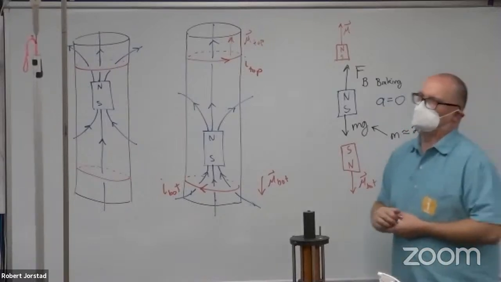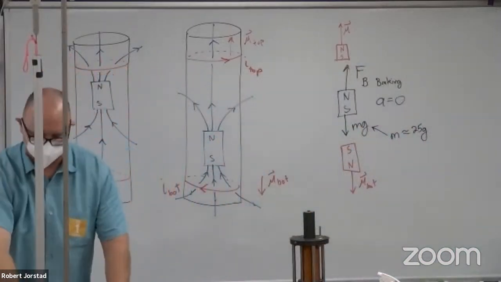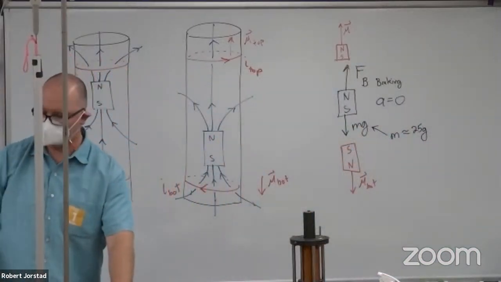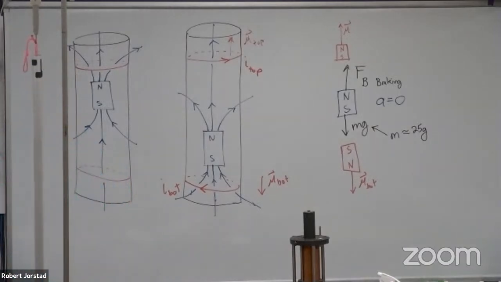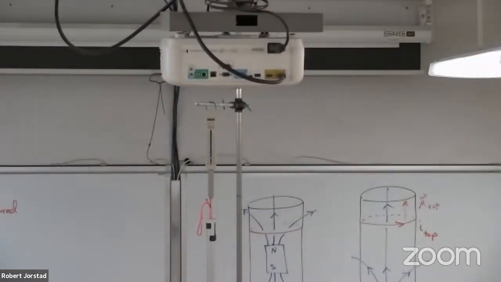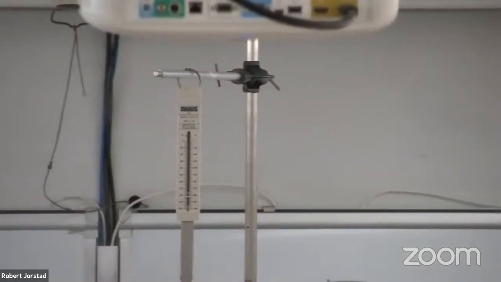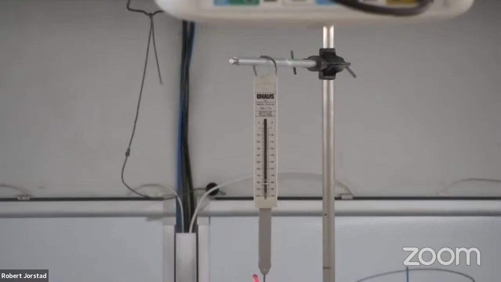So I need somebody to look carefully at this scale right here. Zoom, you're out of luck here, or maybe not. I'll try and show it. Let's do it this way. Let's see if we can zoom in on that scale. You can kind of see the scale there, right?